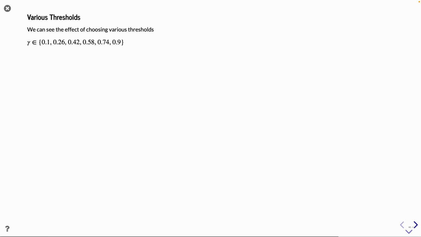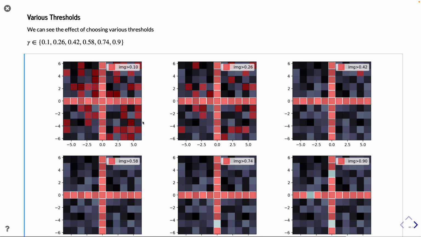We can also try to see what happens if we apply different thresholds. So here I have a set of different thresholds to test. And if we do that, we can see that if we have a too low threshold, we have a lot of misclassifications. And with increasing values on the threshold, you can see that there are less and less misclassifications. Actually, this one doesn't have any misclassifications at all.